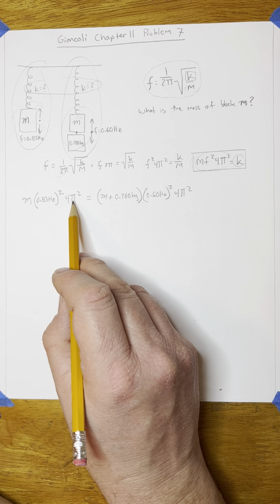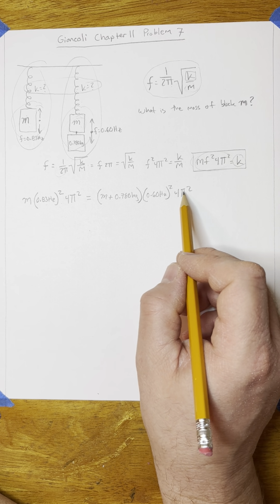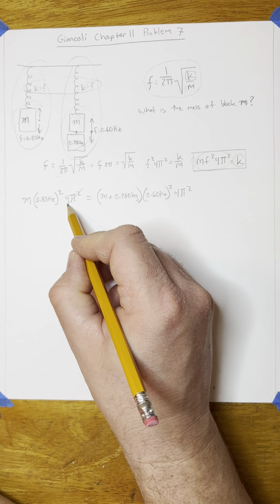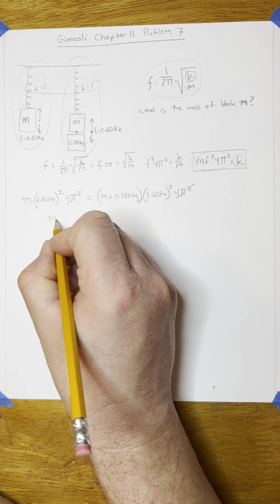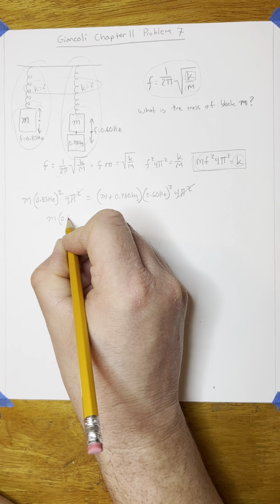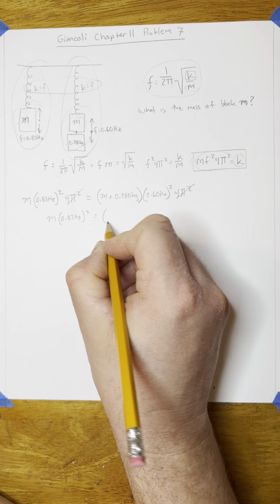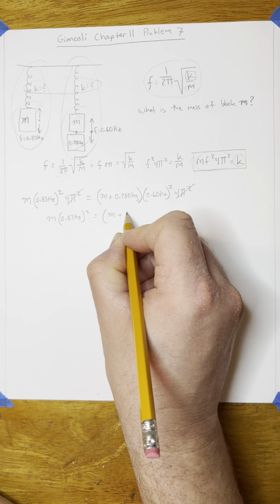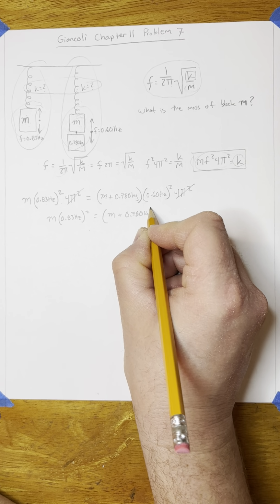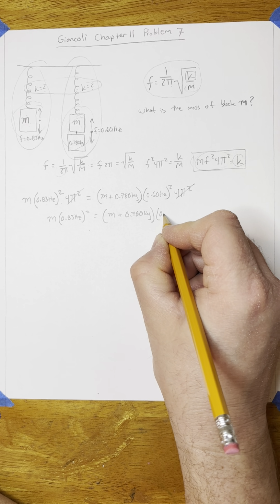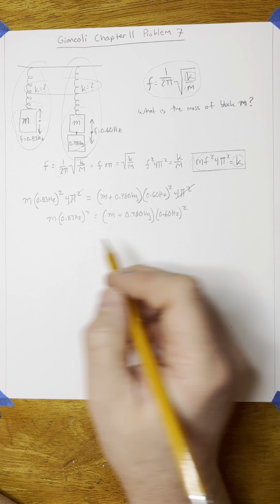And now you'll notice on each side of the equation I have a factor of 4 pi squared. I can cancel that out. So now I can write m times 0.83 hertz squared is equal to m plus 0.780 kilograms times 0.60 hertz squared.